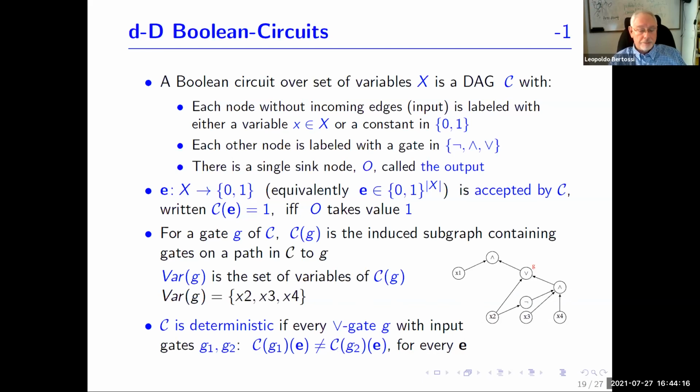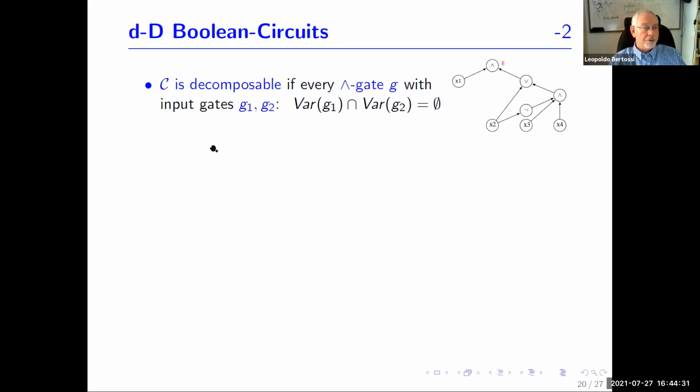So this is a Boolean circuit that is deterministic. Basically, what this is saying is this OR acts as an exclusive OR.